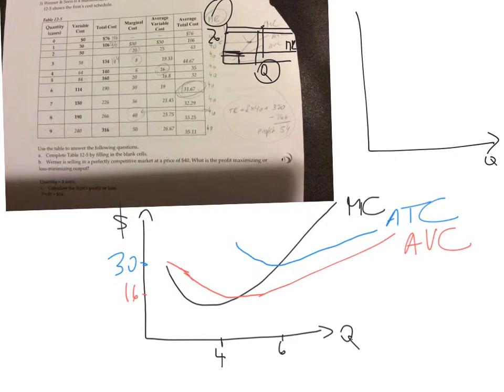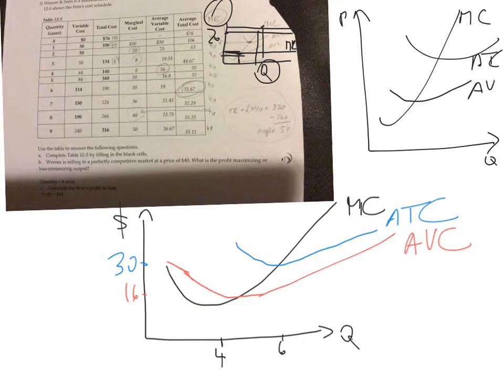So let me try that one more time. So this is the quantity, this is the price. You have a MC curve, ATC, and then your average variable, right? And if I draw a marginal revenue curve down here, let's say this is $10. I know that at the $10 price, this is still the best quantity that I can choose. And I will get $10 of revenue for each unit that I sold.